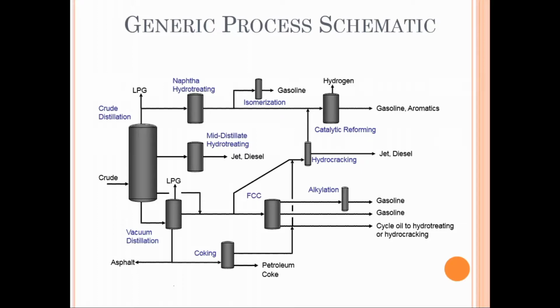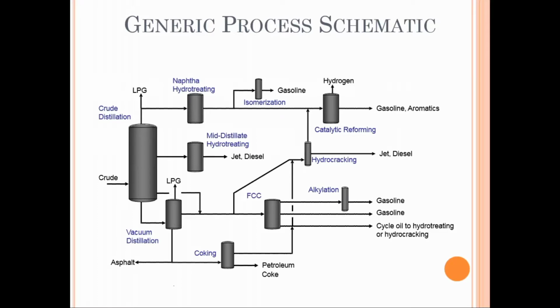An isomer of hexane is 3-methylpentane. So that process of creating isomers is also known as what? Isomerization.